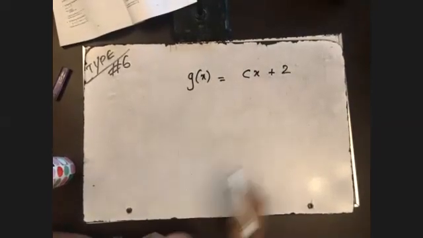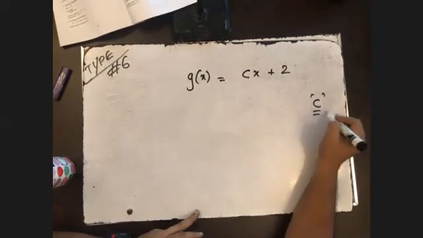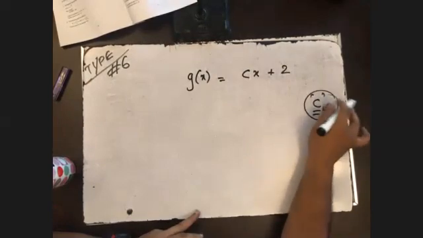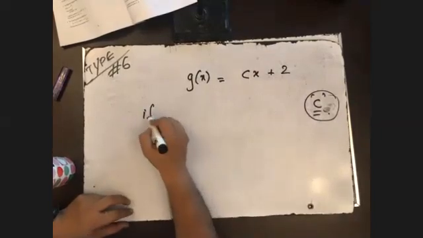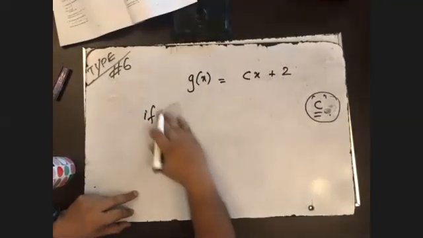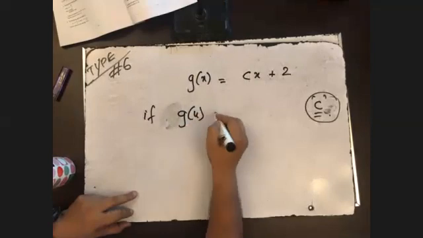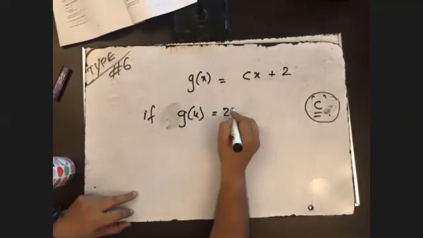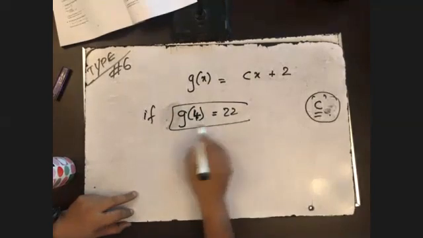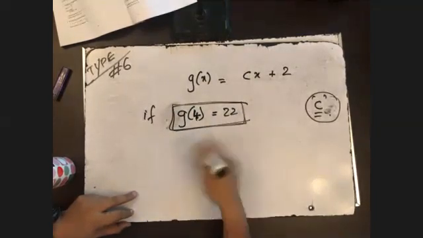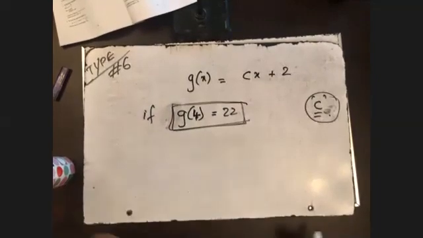Find the value of c if g(4) is equal to 22.